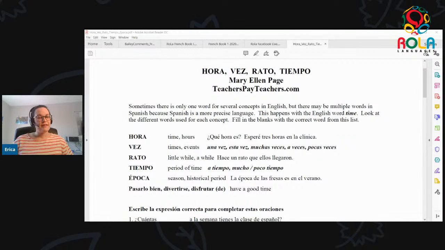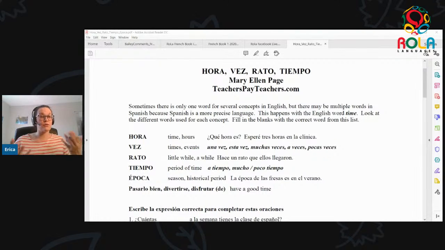So that's rato. Next one we have is the word tiempo. So tiempo is their go-to word to express time in Spanish. And it does mean time, but we have to be a little bit more precise as we're learning here about exactly when we use it. The word tiempo means time usually in more of an abstract way. So for example, I never have enough time to finish my homework.